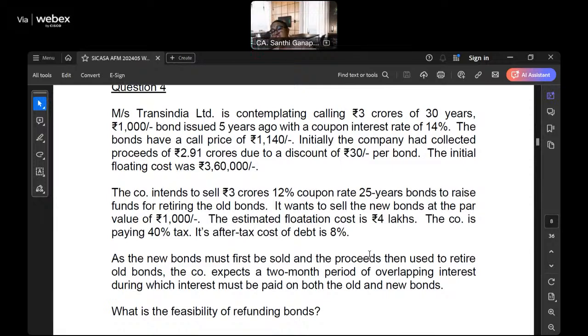Because nothing is mentioned, and if it is a callable bond, they should state the call price. All those things they have to state. They are not stated. So it is inferred that the new bonds are non-callable bonds. Therefore, they are riskier than the old bonds. Hence, it must be assumed that the cost of debt given in the problem is the risk-adjusted cost of debt after considering the risk premium.